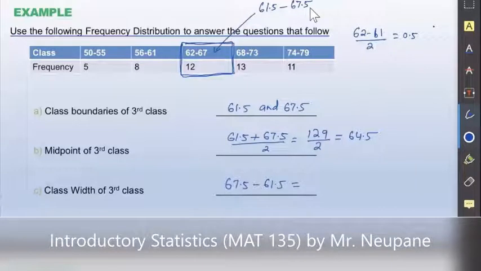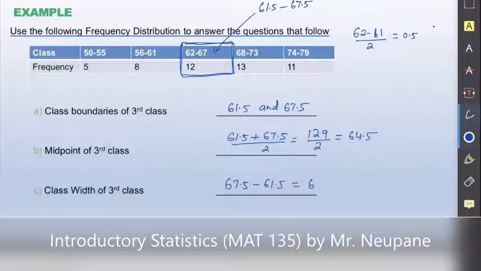What did you get in your calculator? Is it 6? Okay, so that is the width of the class. We have used this before when working on the construction of the histogram or the frequency polygon. But here we are asked to calculate those 3 little things.